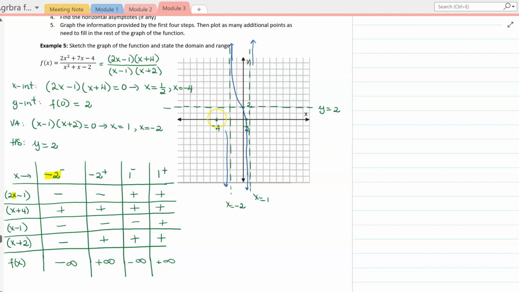On this side, I know the graph will look kind of like this. Now the part that I'm not quite sure about is on the other side. So let's pick some values of x and calculate f of x. Let's go ahead and pick the values here to be 2 and 3.